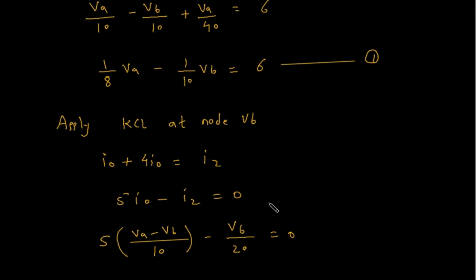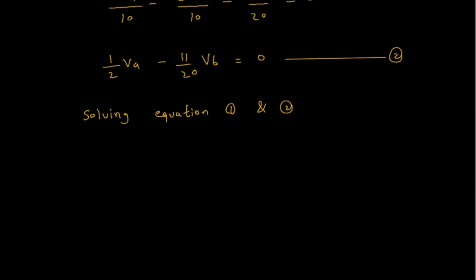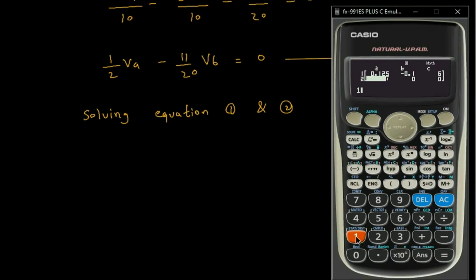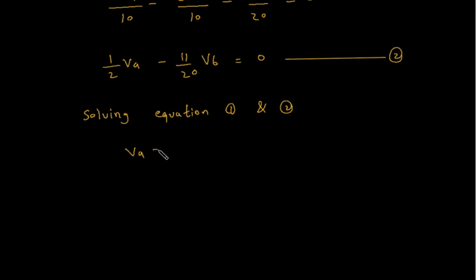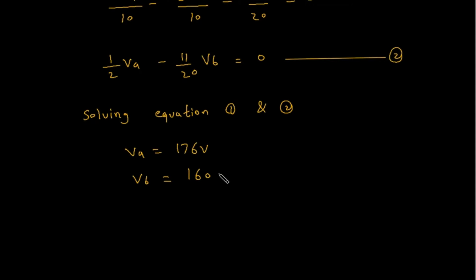1 by 8, minus 1 by 10, 6; 1 by 2, minus 11 by 20, 0. So VA is equal to 176 volt and VB is equal to 160 volt.